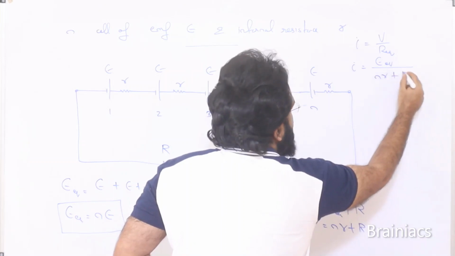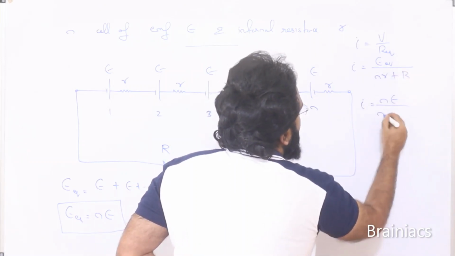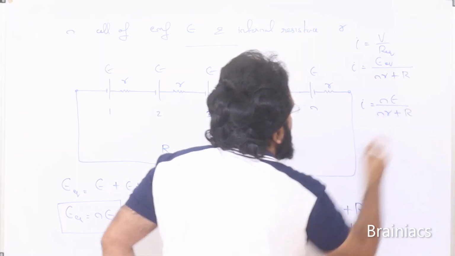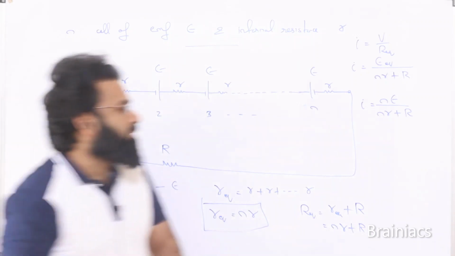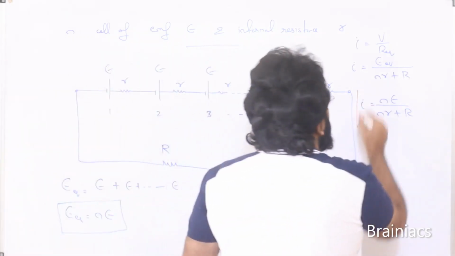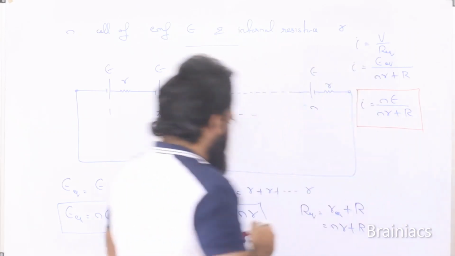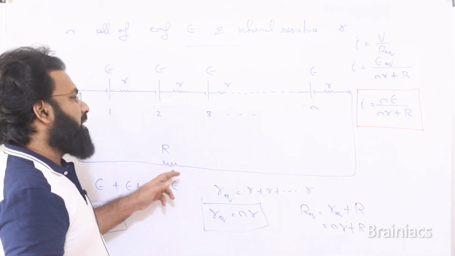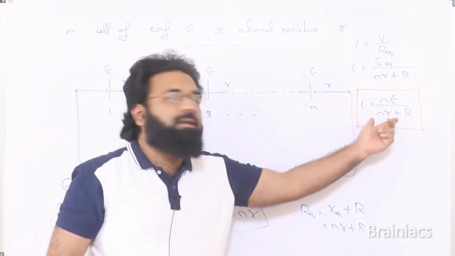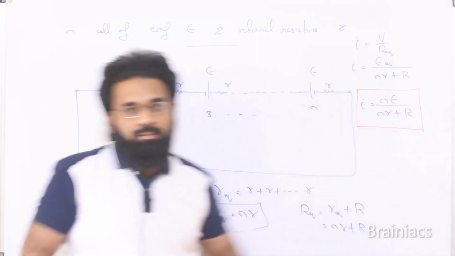I will become NE divided by NR plus R. So when there are n number of cells with the same EMF and internal resistances connected to any external circuit or external resistance, we will get the current as I is equal to NE by NR plus R. Okay, note it down.